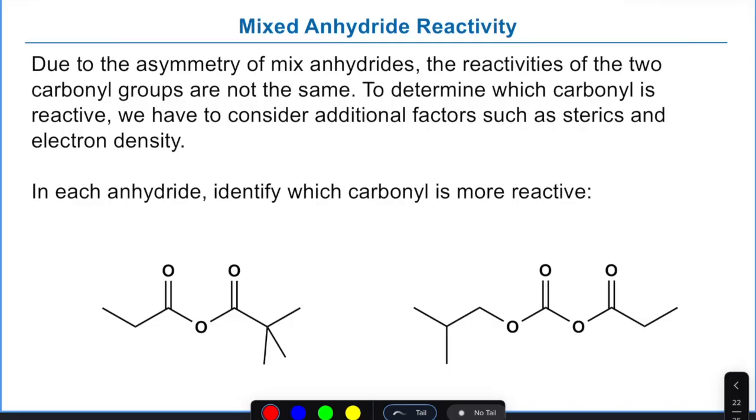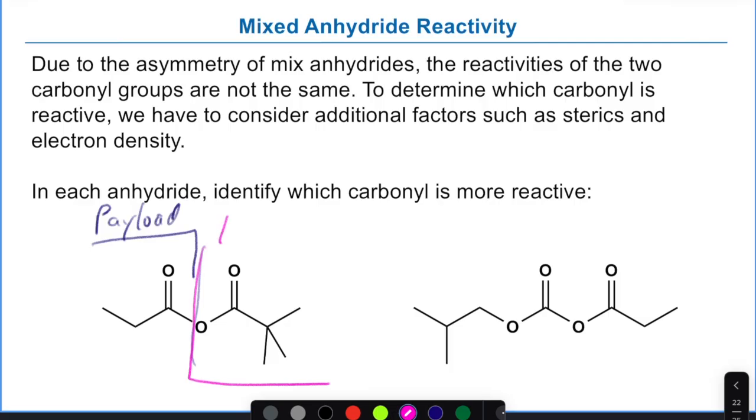So this is where we can use what's called a mixed anhydride. In this way, think of it as this part here is our payload, which makes this your leaving group. Now, in that molecule I just designated, I've got 2 carbonyls, but I've specified that the carbonyl on the left, that's the acylation fragment I'm going to be using, and by design, the one on the right is not going to be my acylating group.